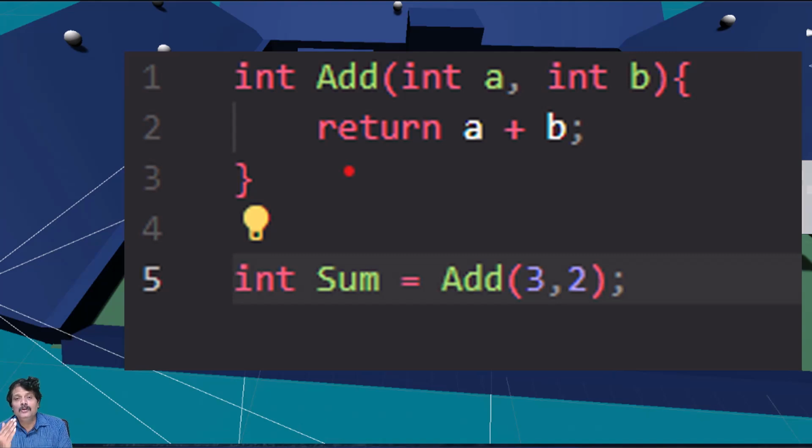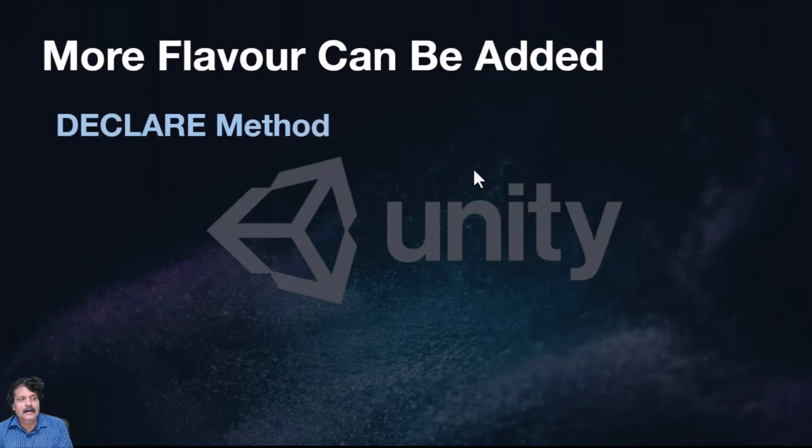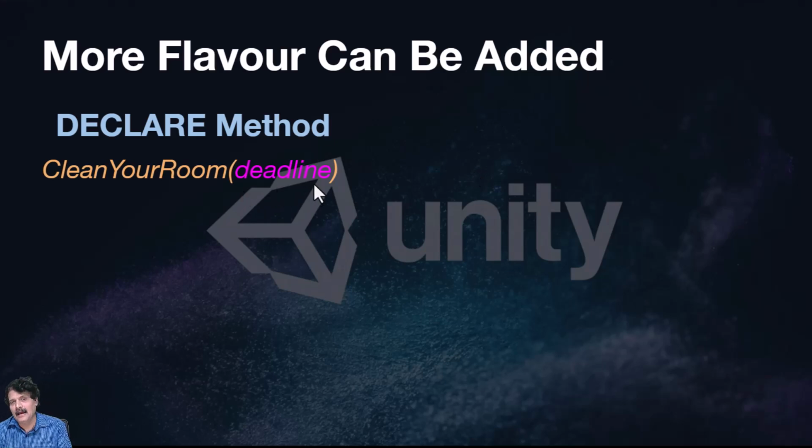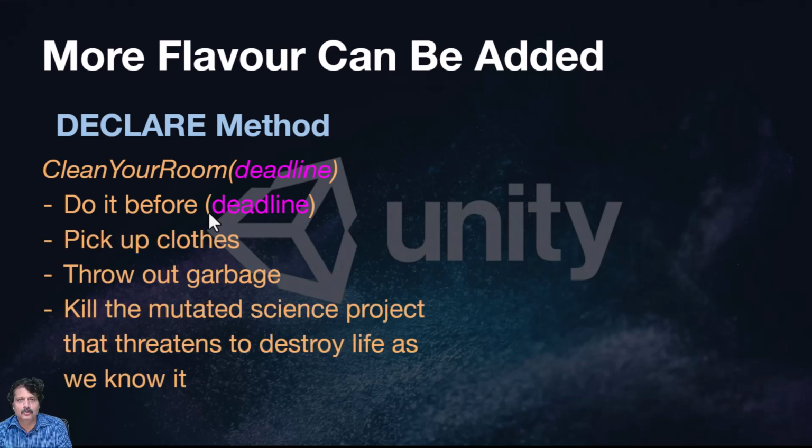Now if you take the real world example of cleaning the room, here we are going to declare the method and add a parameter, say for example deadline. This deadline means in our code that you have to do this particular task before a particular time, and picking up clothes, throwing out garbage, all these things have to be done before this deadline.